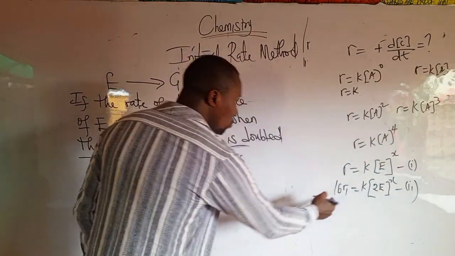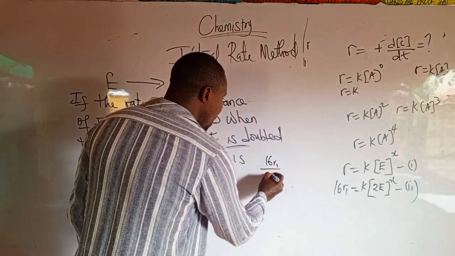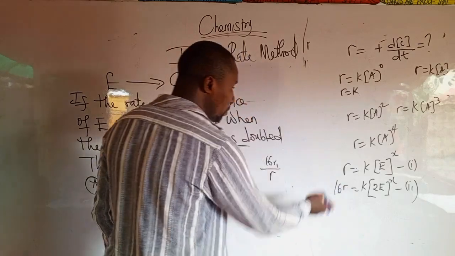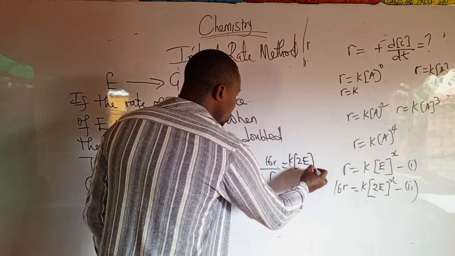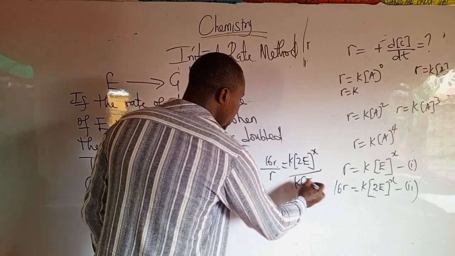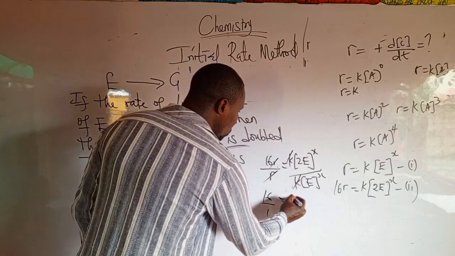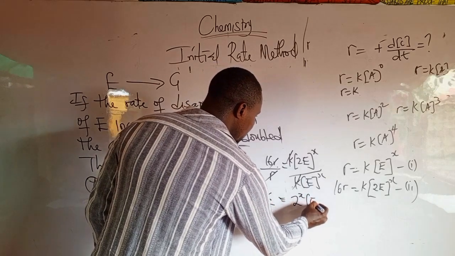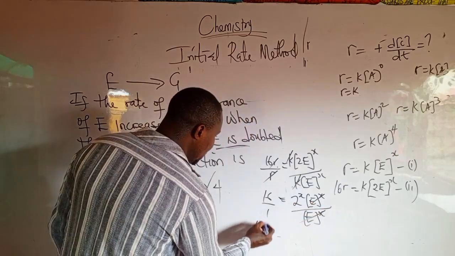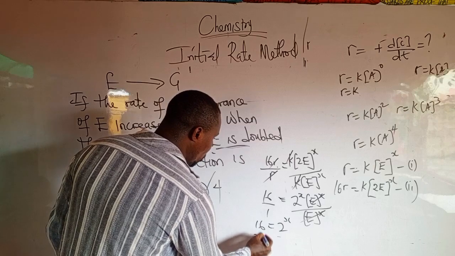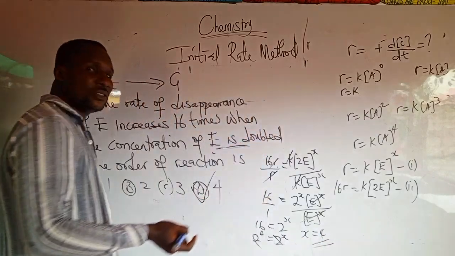Then divide equation 2 by equation 1: 16R over R equals K(2E) raised to power X over K(E) raised to power X. K cancels K, R cancels R. That's 16 over 1 equals 2 raised to power X, then E raised to power X over E raised to power X cancels. So you have 16 equals 2 raised to power X. 2 raised to power 4 equals 2 raised to power X, so X equals 4. And this one, don't calculate.